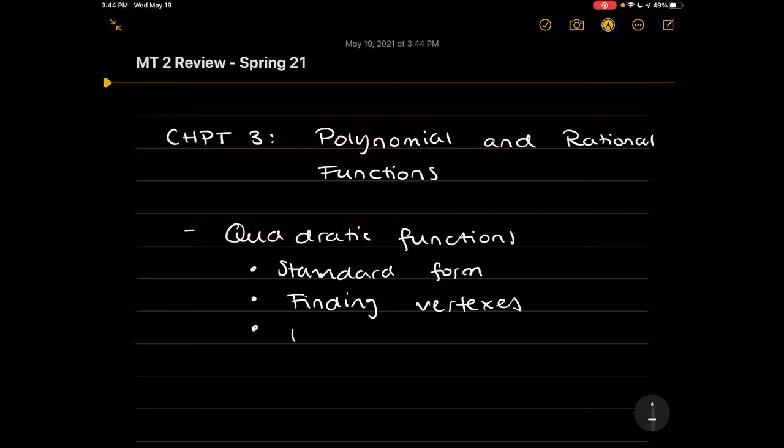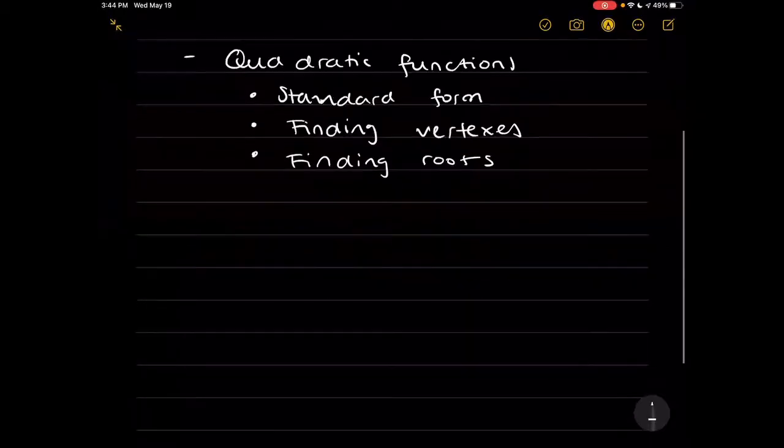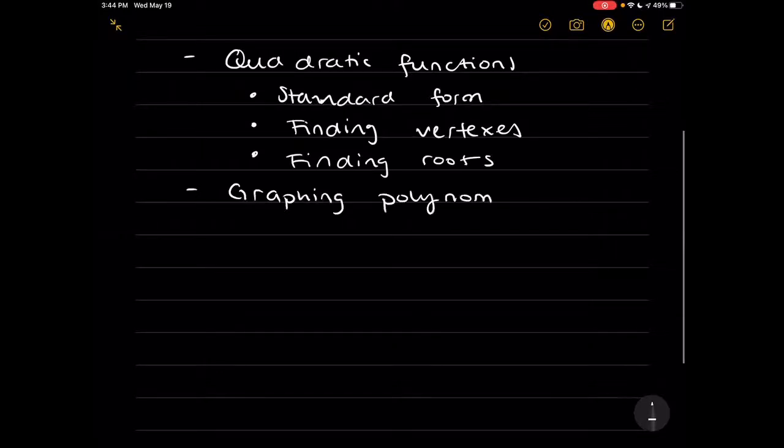And we also talked about finding roots, of course, which is a skill we've been developing for a while now. Also in Chapter 3, we talked about graphing polynomials. And we did this using end behavior and root multiplicities.